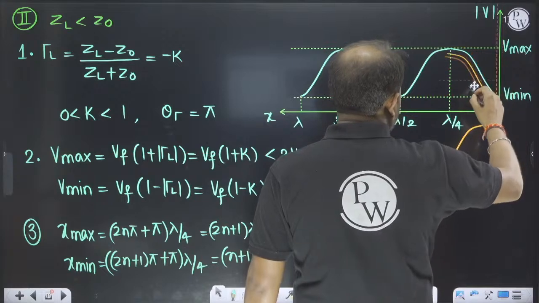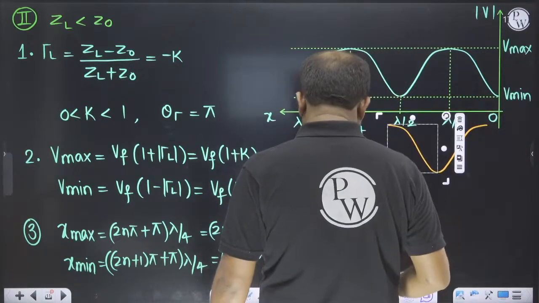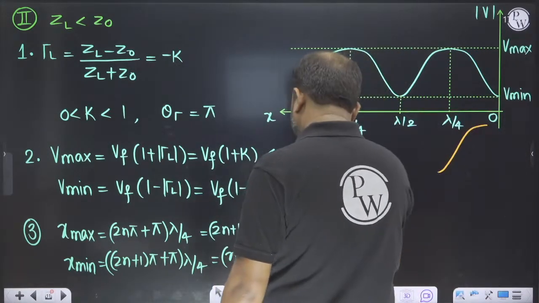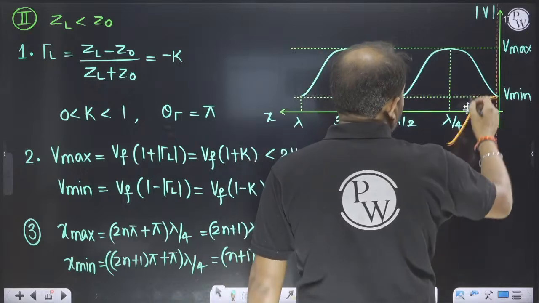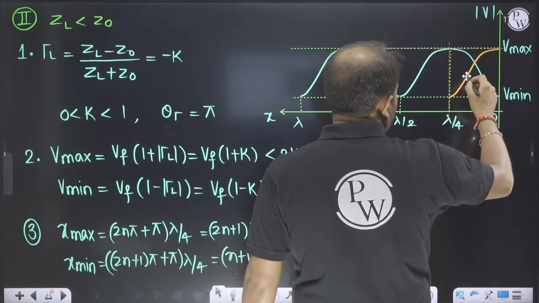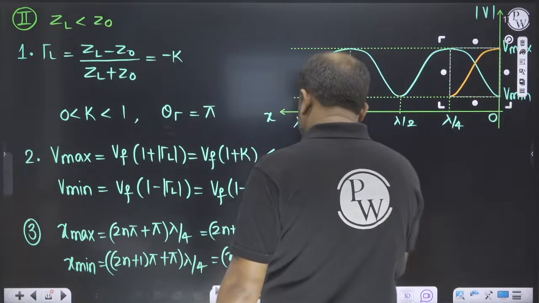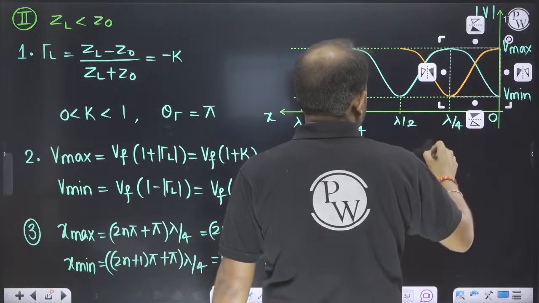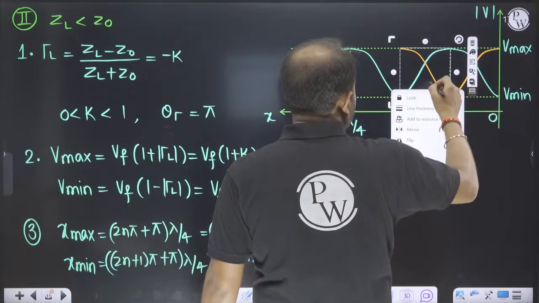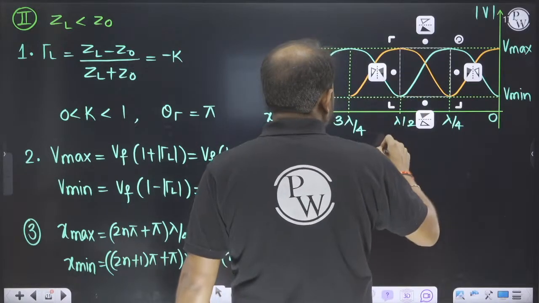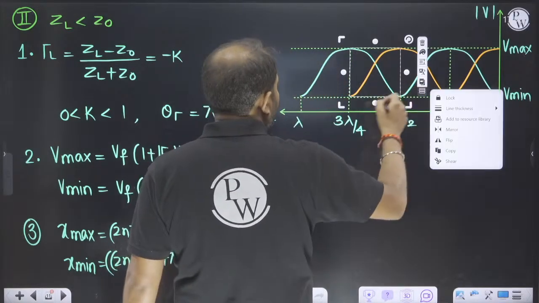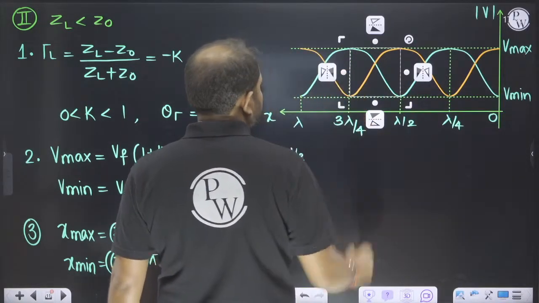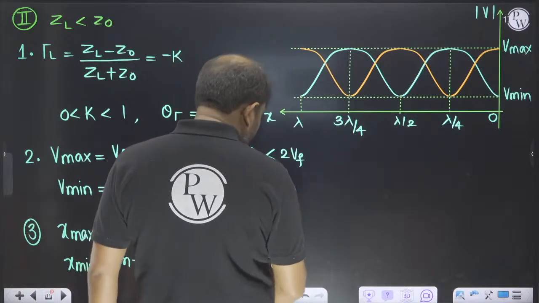So this is the graph of current. If voltage is minimum, current is maximum. If current is minimum, voltage is maximum. So this is the graph for current.